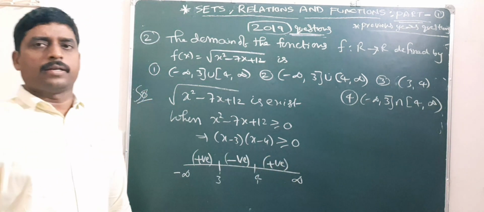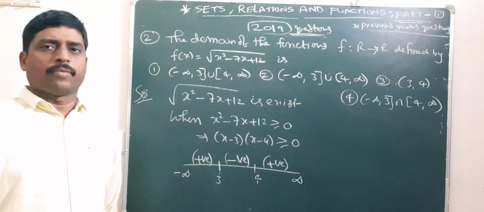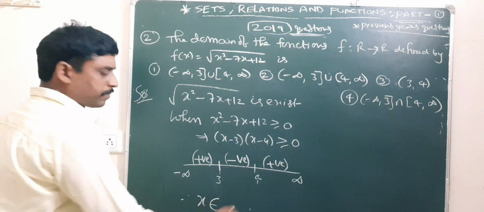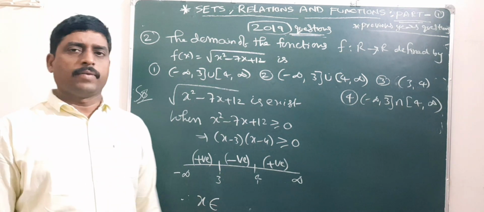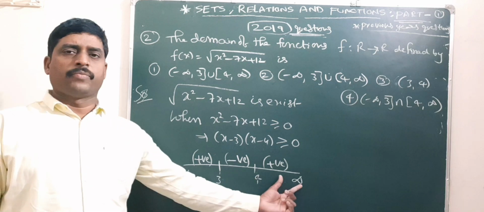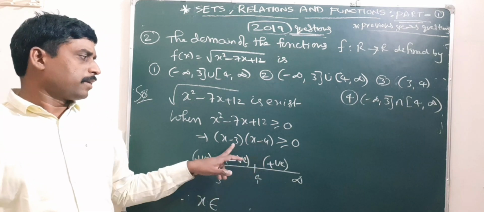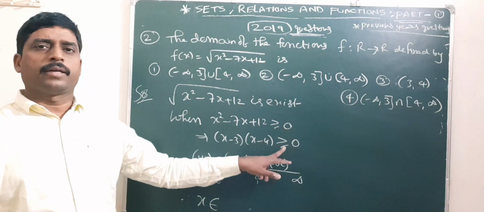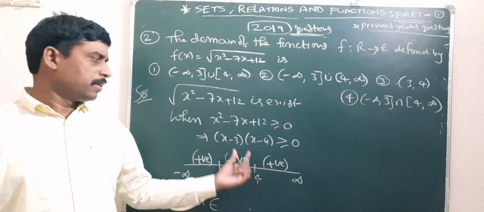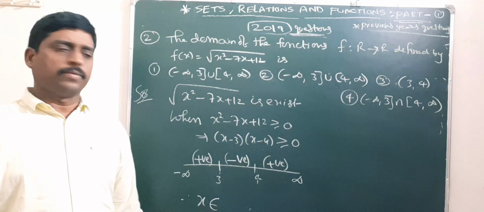So what is our target? The domain of f of x. We have to find x values in which x minus 3 into x minus 4 should be greater than or equal to 0. In which interval is x minus 3 into x minus 4 positive?